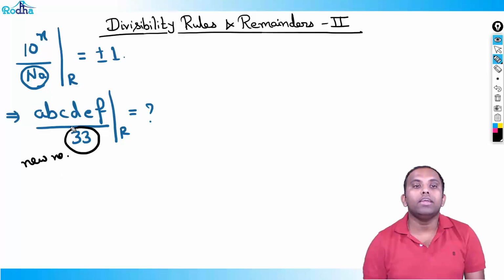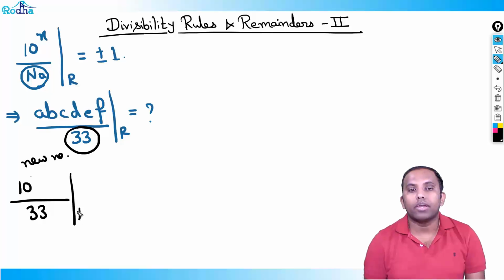So how do we find the divisibility rule for 33? We'll search for the power of 10 which on dividing by 33 will give a remainder of plus 1 or minus 1.